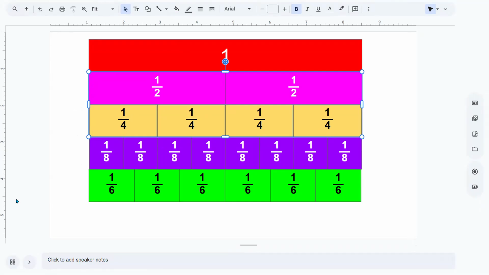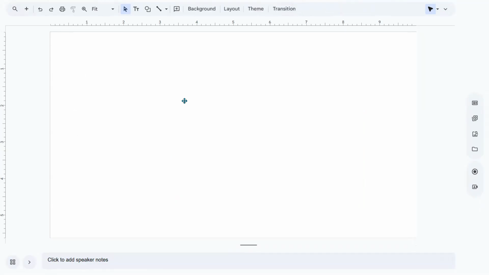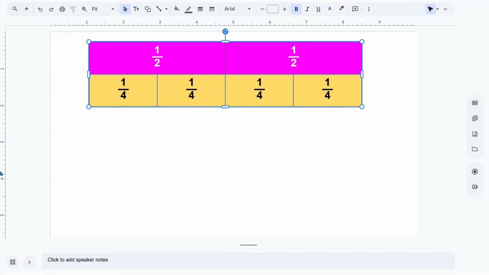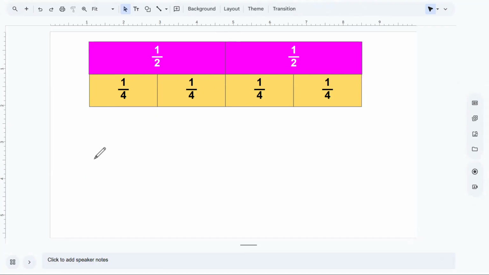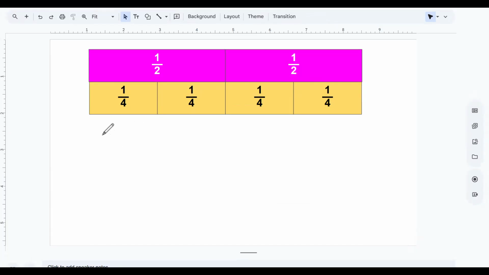Okay, so I'm going to copy some of my fraction strips and put them here. We want to compare 3/4, and we want to see if it's bigger than or smaller than or equal to a half.